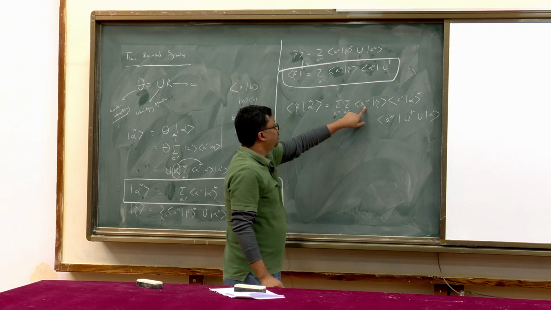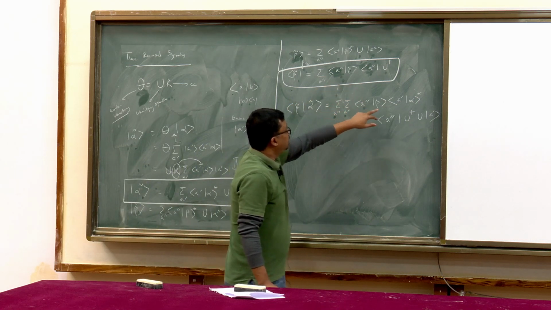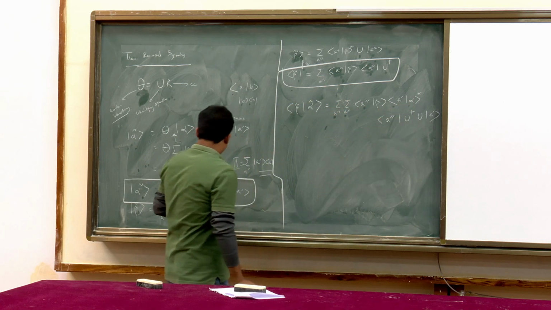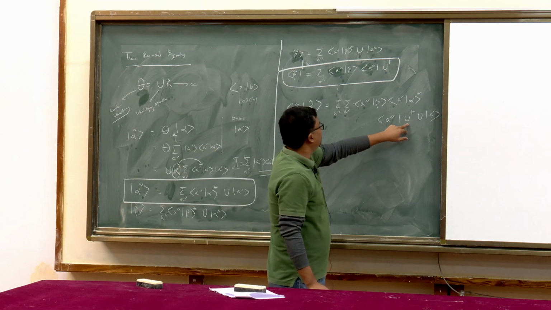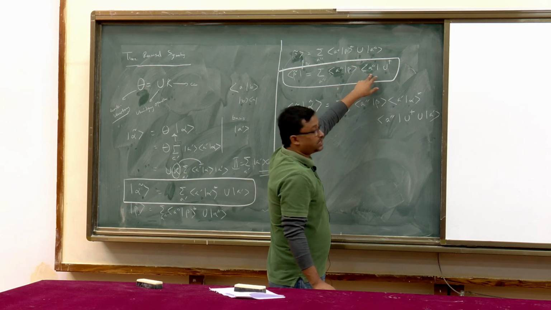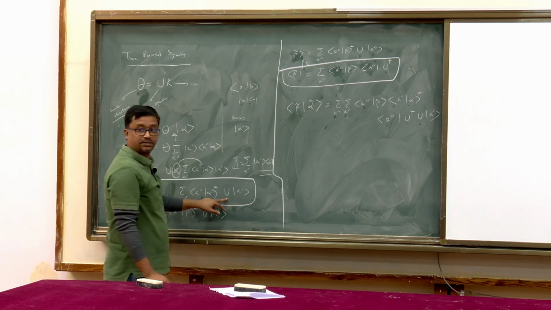We have A double prime beta, A prime alpha star, and you have A double prime u dagger, which is this, and u A prime, which is this.